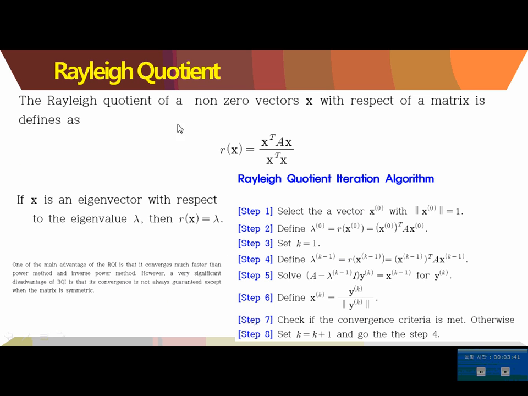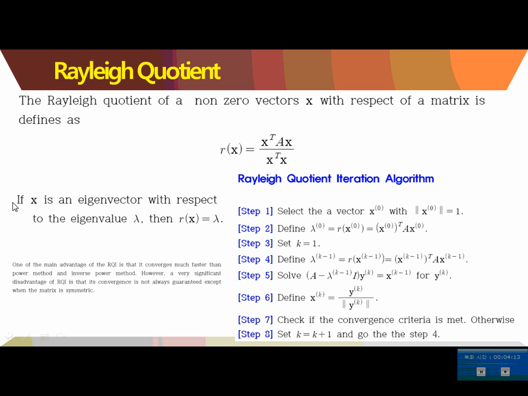And I think I didn't mention the Rayleigh quotient. The Rayleigh quotient of a non-zero vector X with respect to a matrix is defined in this way. I introduced this X transpose AX before, okay? When we define a positive semi-definite matrix, and this one is divided by X transpose X, which is actually the 2-norm of X squared, then this is called the Rayleigh quotient.